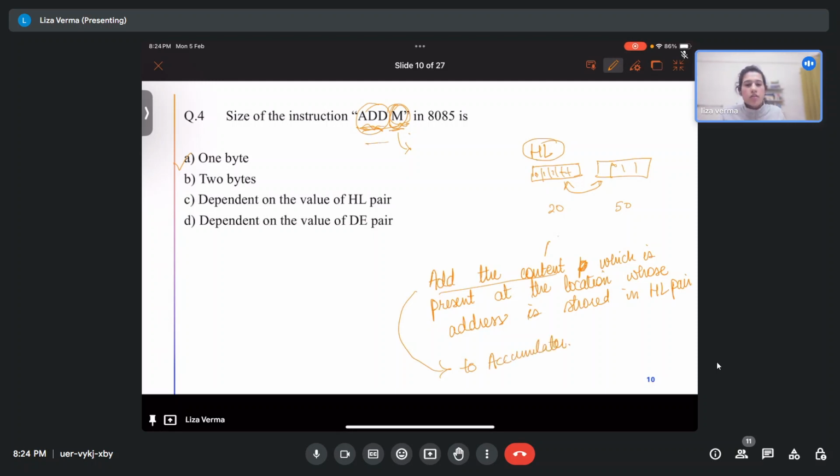This is what this instruction means. Is it clear?